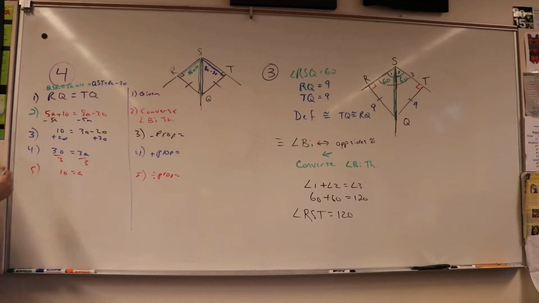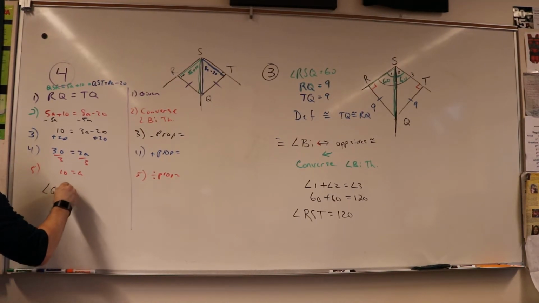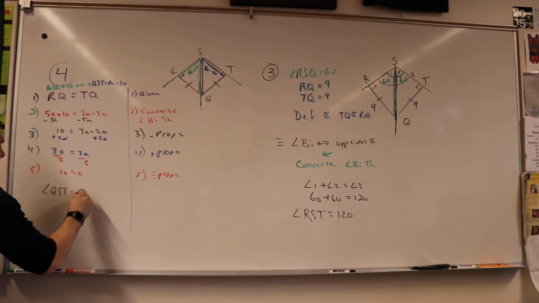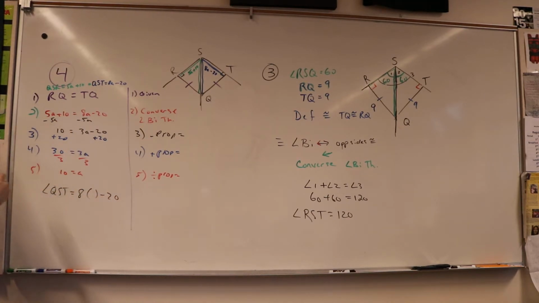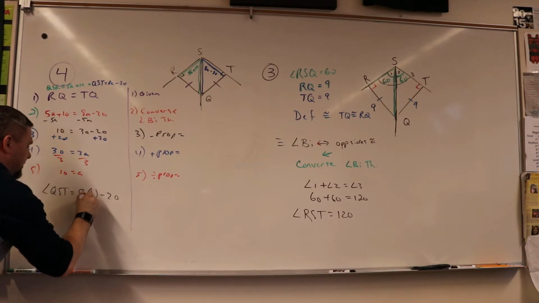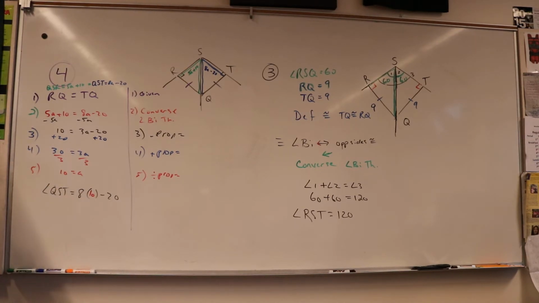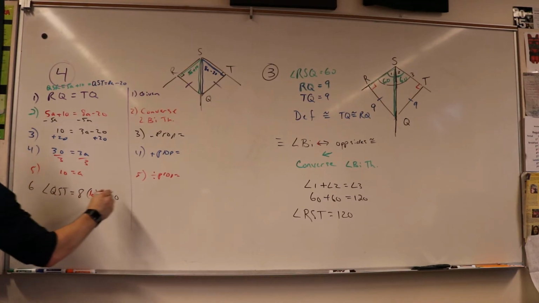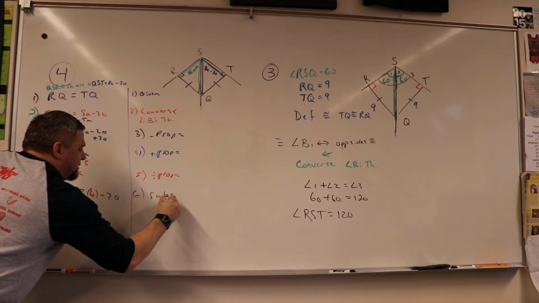And the last step is plug it in. They want to know what QST is. So angle QST is that 8A minus 20. And A is 10, right? So what we did there is substitution.